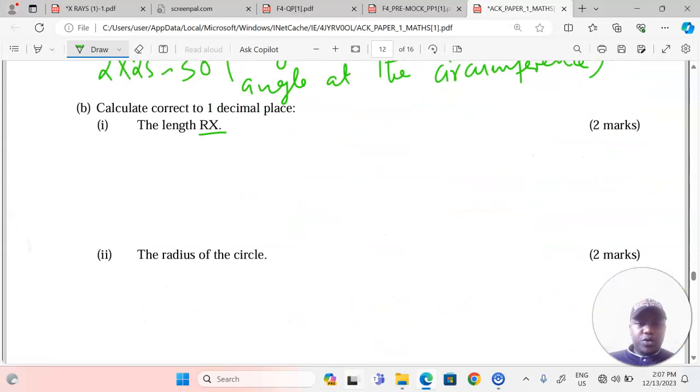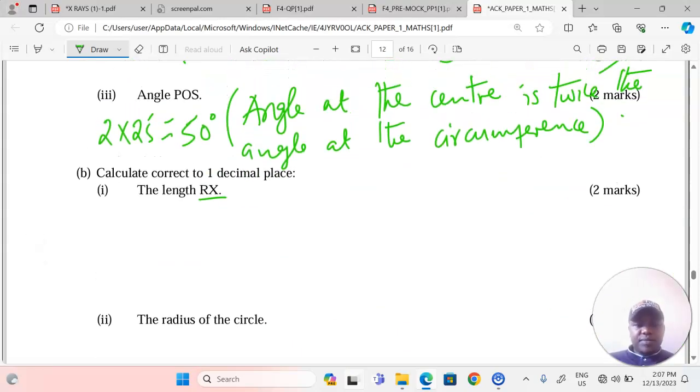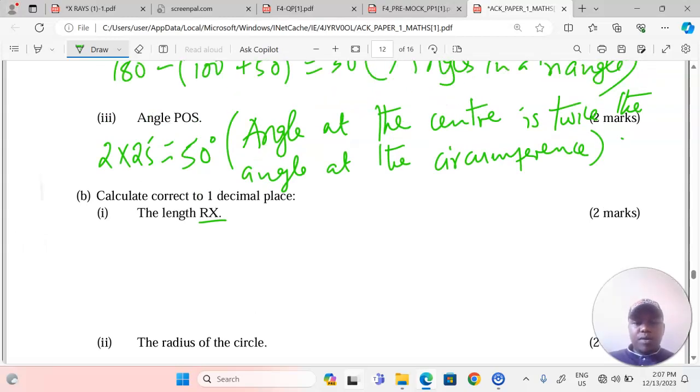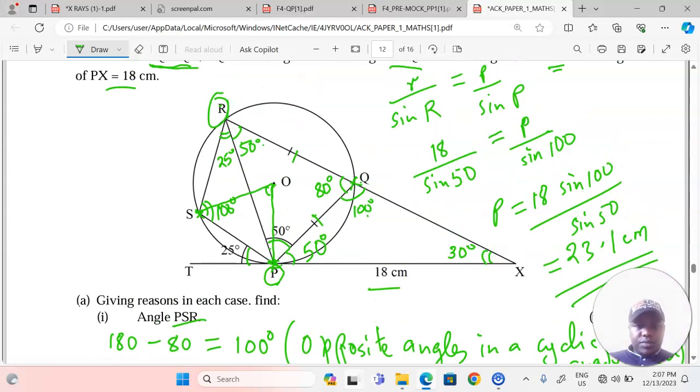Again, we are told to find the radius of the circle. For us to find the radius of the circle, we are going to apply solution of triangles again.